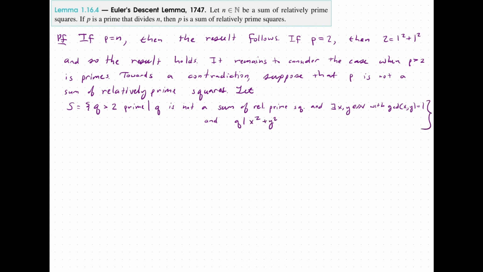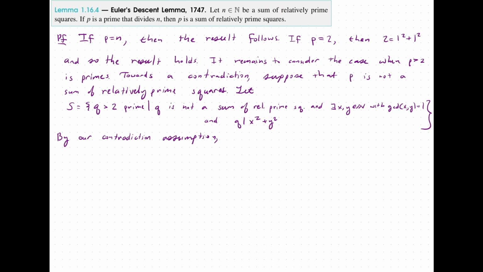So by our contradiction assumption, we have that P is a prime that is not a sum of relatively prime squares, but we also know that P divides n, which is a sum of relatively prime squares, and so our n in this case would be equal to x squared plus y squared.